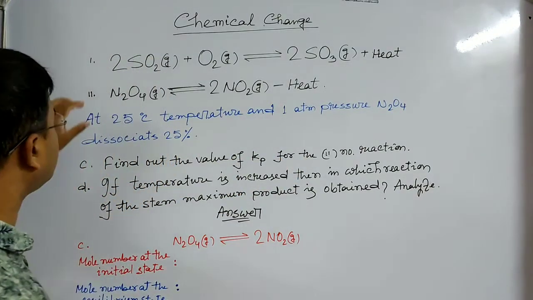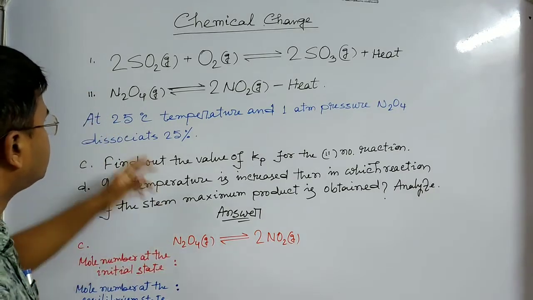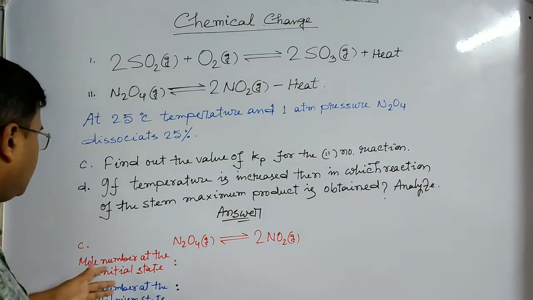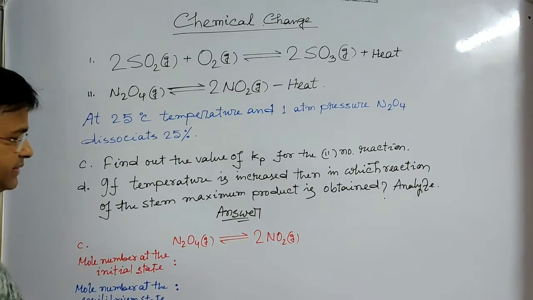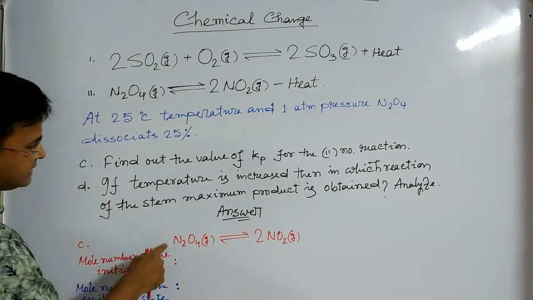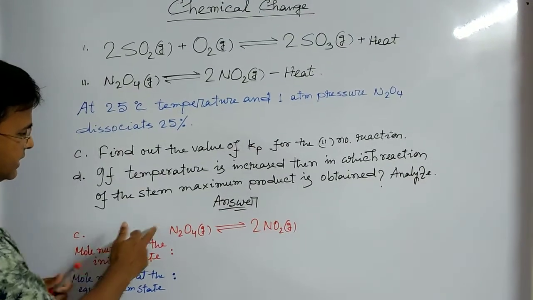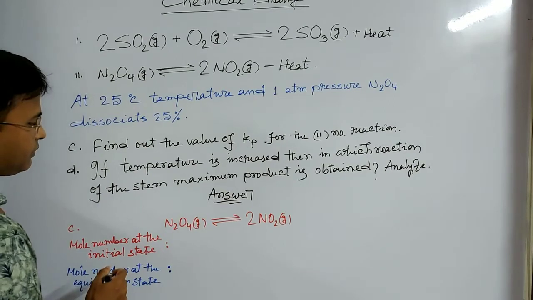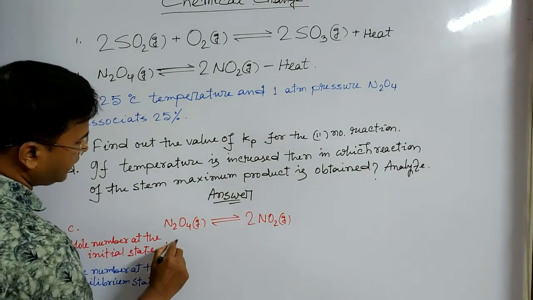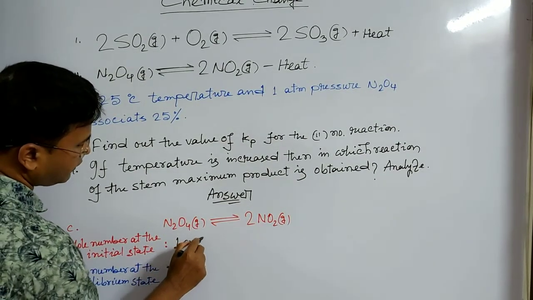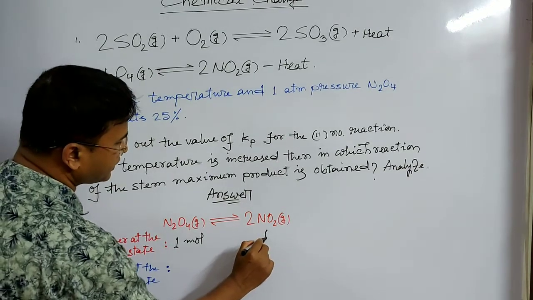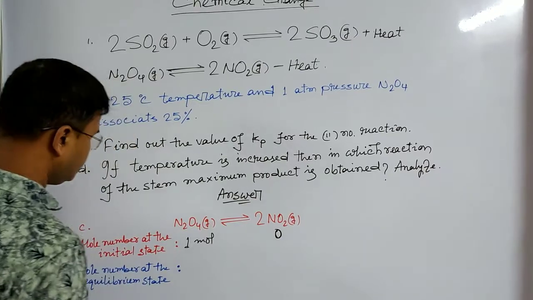My dear students, now I am going to show you reaction number 2. Mole number at the initial state: as nothing is given here, it will be 1 mole, and at the initial state there is no product. That's why I have written here 0.